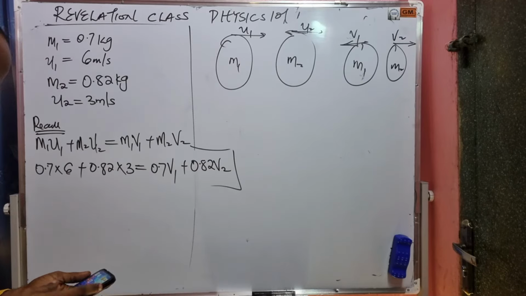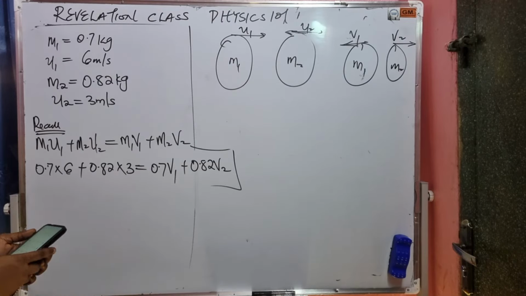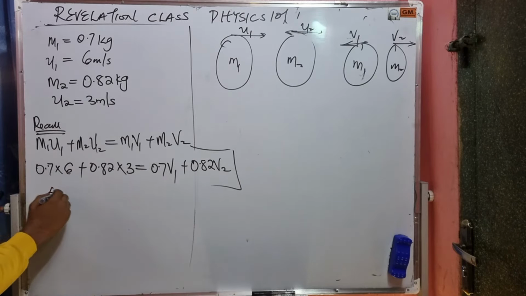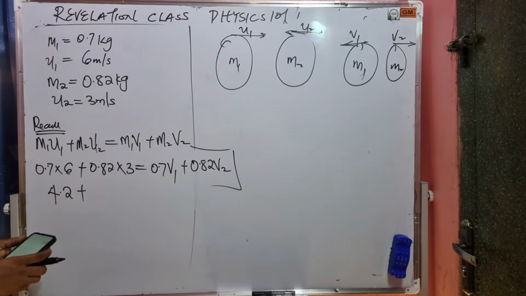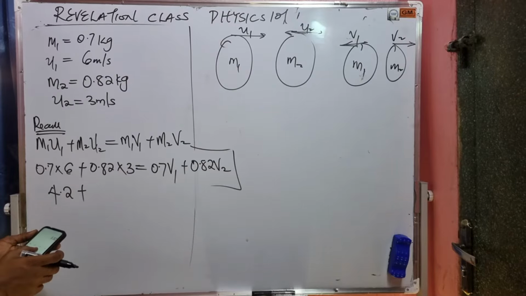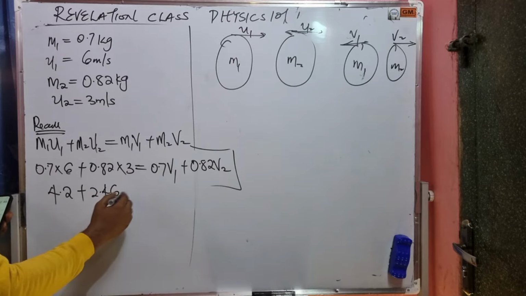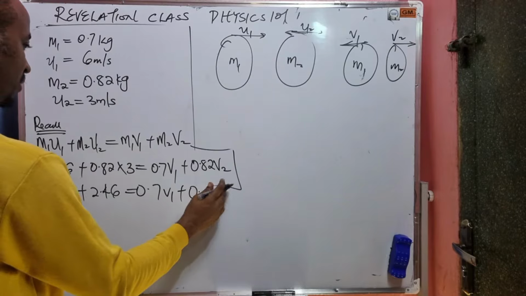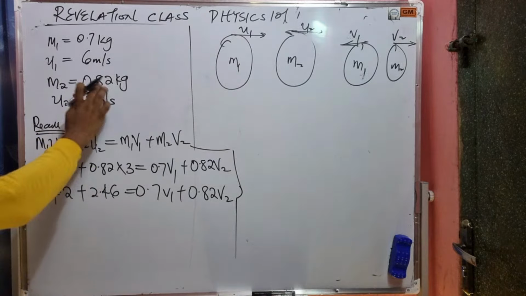Excuse me, let me get the calculator. 0.7 times 6, here we have 4.2, plus 0.82 times 3, here we have 2.46, equals 0.7 V1 plus 0.82 V2.